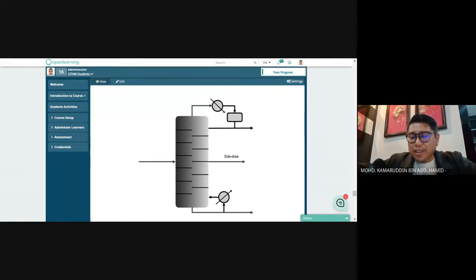In other words, we call it non-sharp splitting distillation column. With a sharp splitting distillation column, you recover 100%: pure component A at the top and pure component B at the bottom. Non-sharp has both at the top and both at the bottom, at a certain purity. An example of non-sharp is the isotropic distillation column. That's what we call fractional.